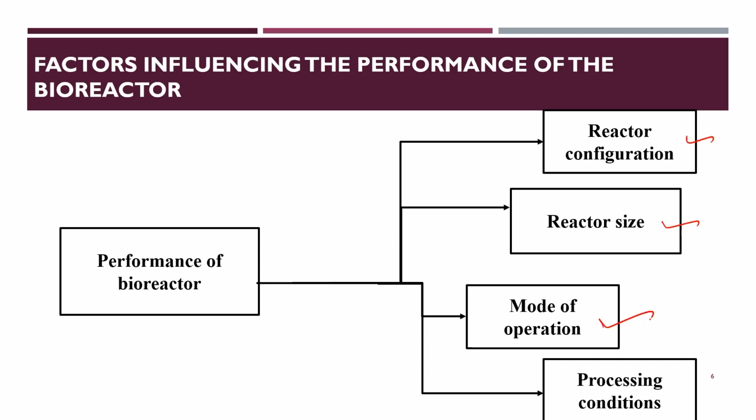And then the mode of operation. We have already discussed different modes of operation, in which mode we are operating it. And the last one is the optimized condition: what is the temperature, what is the pH, what is the duration, what are the other requirements of micro and macronutrients.